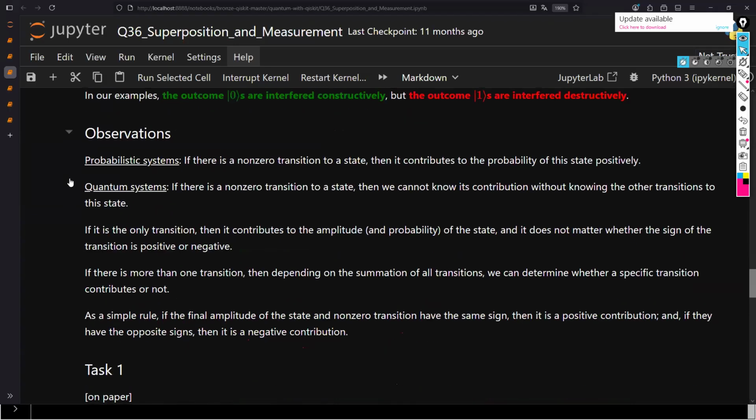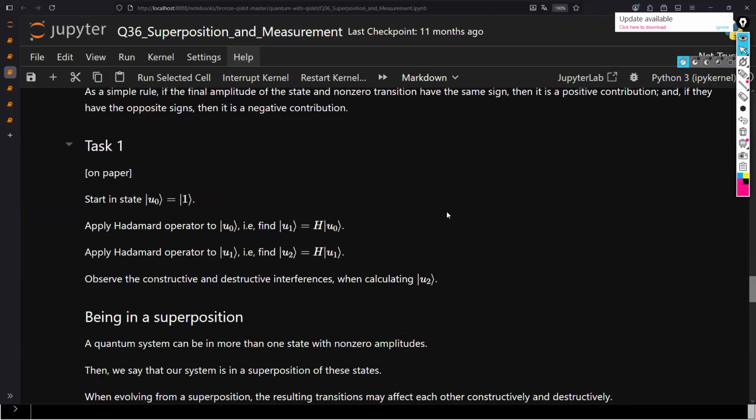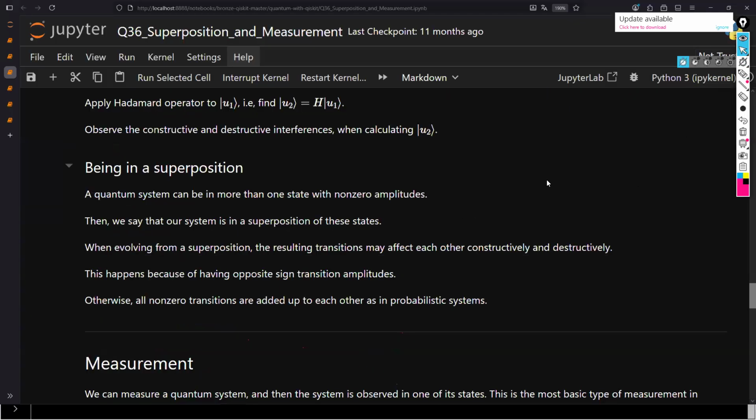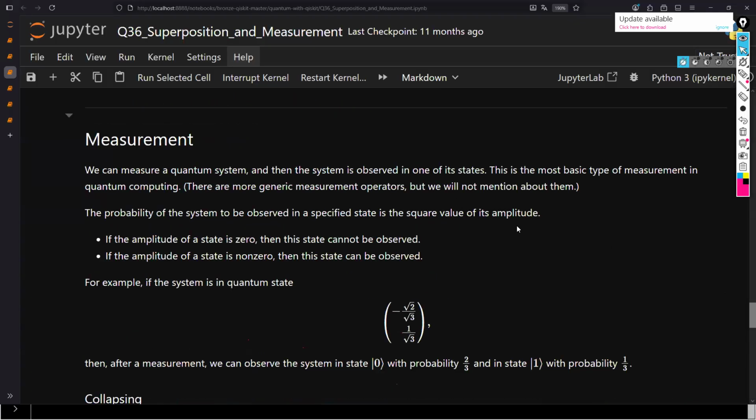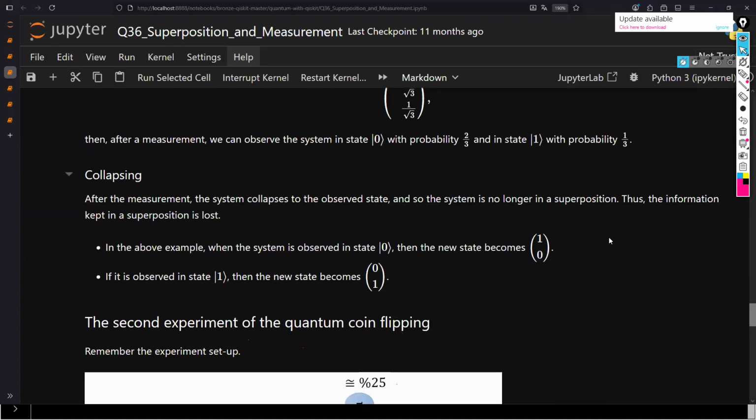Then, since we have a probabilistic state, we obtain the measurement afterwards. And then what we have here is exactly this result.